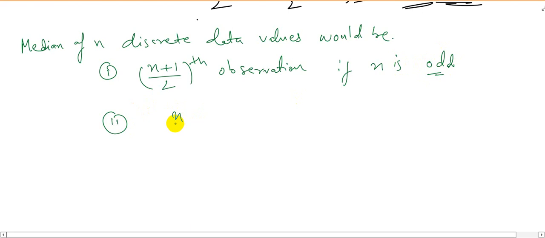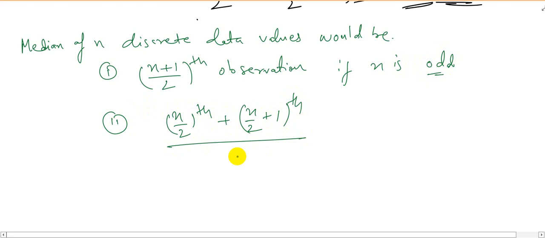And if n is even, the n by 2th plus (n by 2 plus 1)th upon 2 would be the median. So this won't be an observation or data point, because it's a mean. It would be the average of two middle data points, right? So I'm not writing observation here.